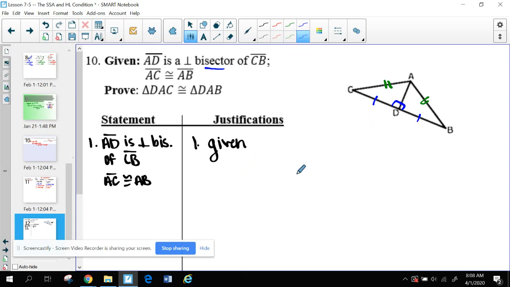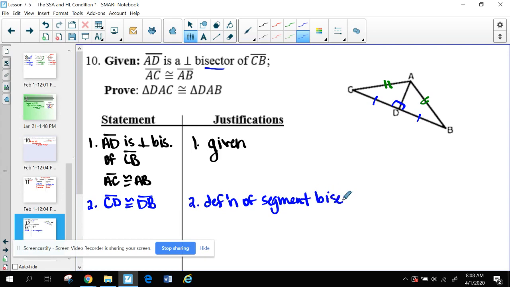So we have a couple things that we can talk about here. The first thing that I might need to define is that I did mark that this was congruent. So CD is congruent to BD. That's where I'm going to go next. So I know CD is congruent to DB by the definition of a segment bisector. This doesn't talk about angles at all. This is talking about a segment that it bisects. So that's a segment bisector.